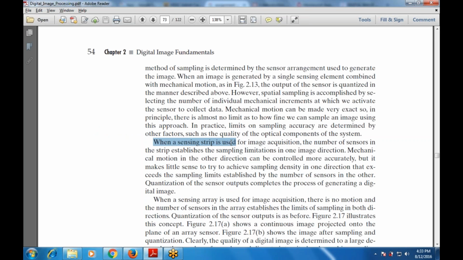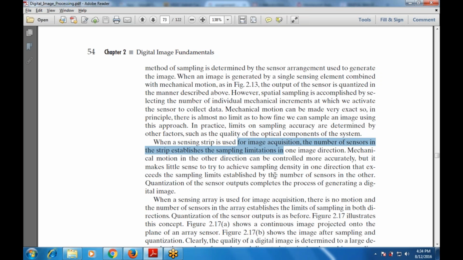And whenever a sensing strip is used for image acquisition, the number of sensors in the strip establishes a sampling limitation in one image direction only.